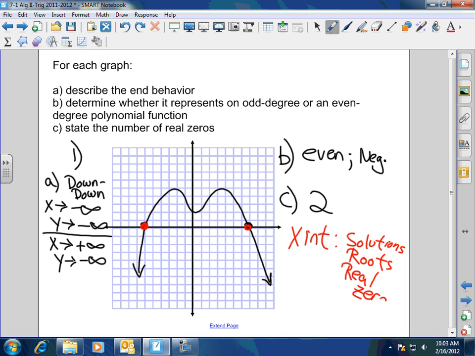Solutions, roots, real zeros. They're all the same. It's the x-intercept, the point which intersects the x-axis. Those are the solutions of functions. But thank you for asking again. I will heal in time. Does that make sense?